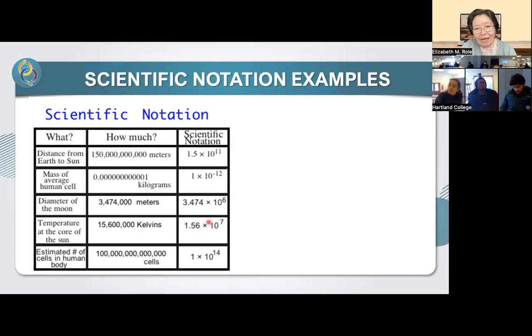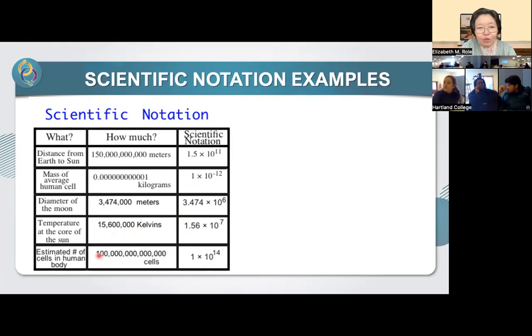Is that okay? Now, in this case, you move to the left, all right? 1, 2, 3, 4, 5, 6, 7 before you get the 1.56. So that's 10 to the 7. In this case, 1, 2, 3, 4, 5, 6, 7, 8, 9, 10, 11, 12, 13, 14.